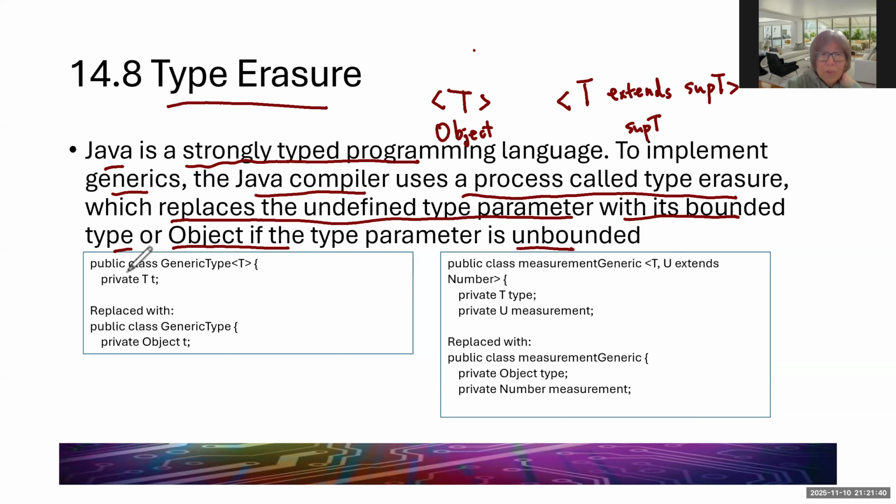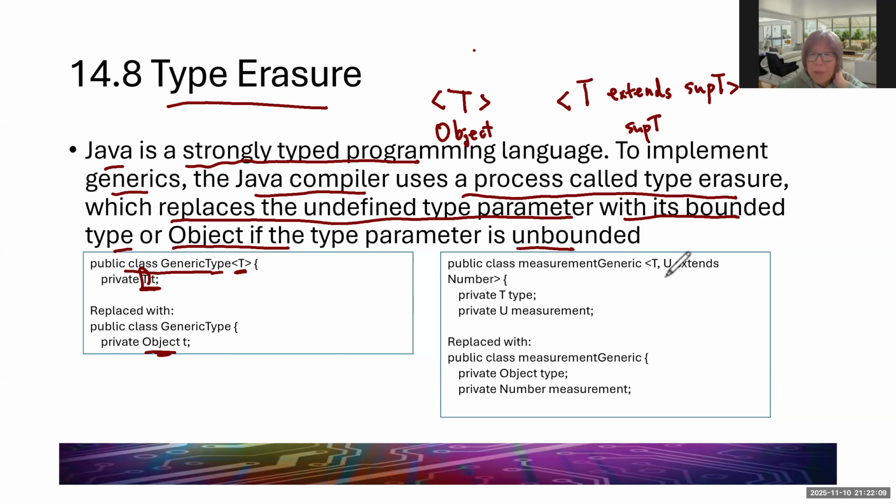For this generic class type, T is unbounded, and within it, the instance variable type is T. So the compiler will replace it with Object. This is called type erasure, so T will be replaced with Object.